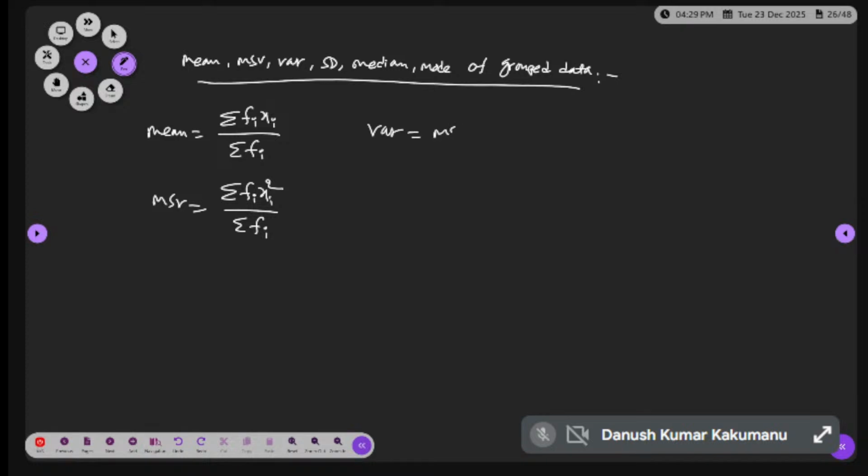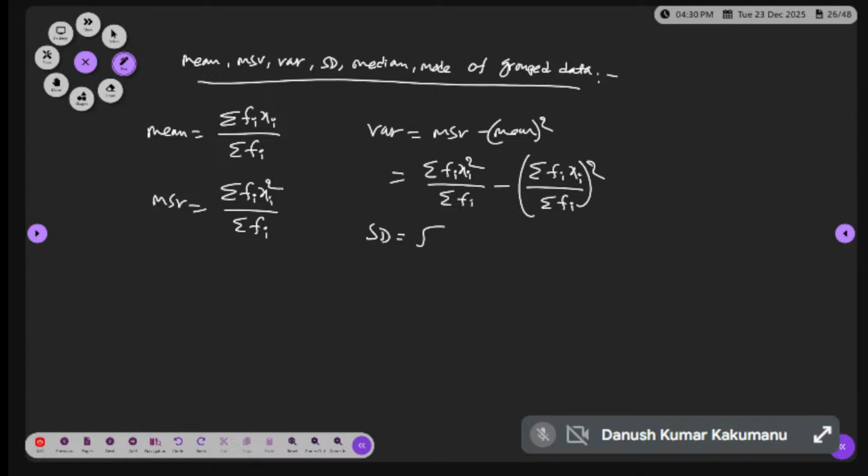Mean squared value minus mean whole squared: sigma fi xi squared divided by sigma fi minus sigma fi xi divided by sigma fi whole square. That is the variance. What is the standard deviation? Square root of variance. Are you all understanding?